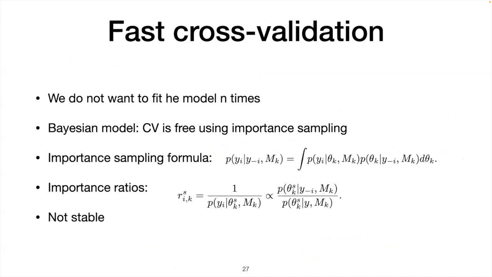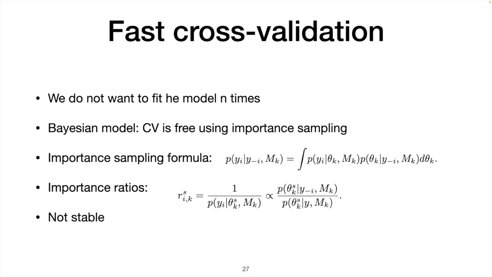The practical difficulty of this procedure is that cross-validation is too slow. We can't just rerun a model n different times, because it's sometimes even too slow to just run the model once. So we want some fast approximation of cross-validation such that we only fit the model once. And the blessing of Bayesian modeling is that in many cases, leave-one-out cross-validation is cheap or almost free compared with training cost.